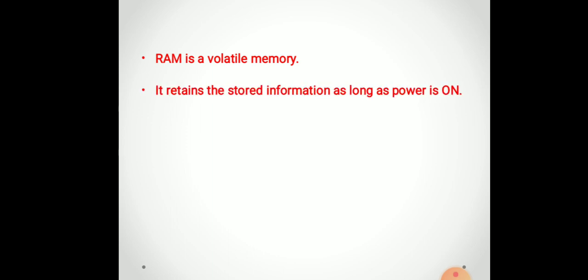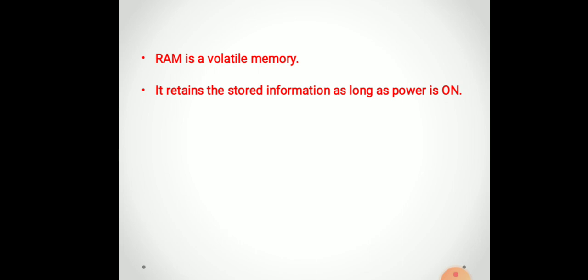RAM is a volatile memory. What does volatile memory mean? When the power is on, it retains the stored information, and the data will be there in your computer.